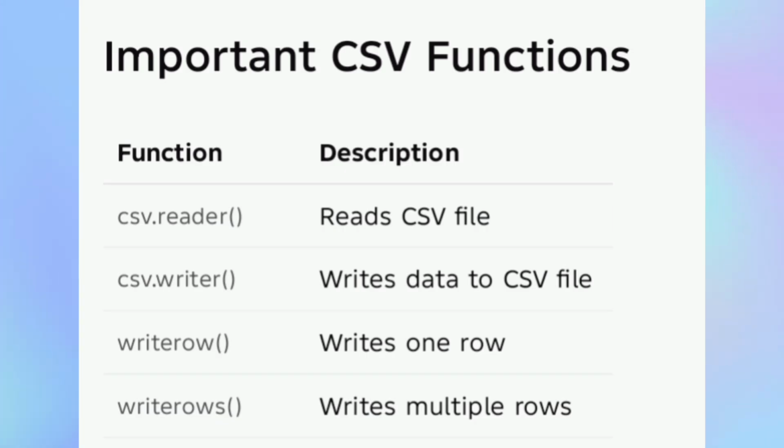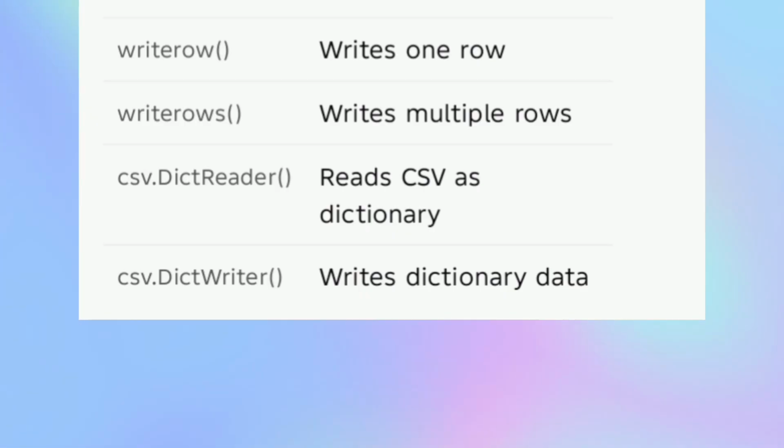Import csv to use the CSV functions. csv.reader reads the CSV file. csv.writer writes data to the CSV file. writerow writes one row. writerows writes multiple rows. csv.DictReader reads the CSV as a dictionary. csv.DictWriter writes the dictionary data.